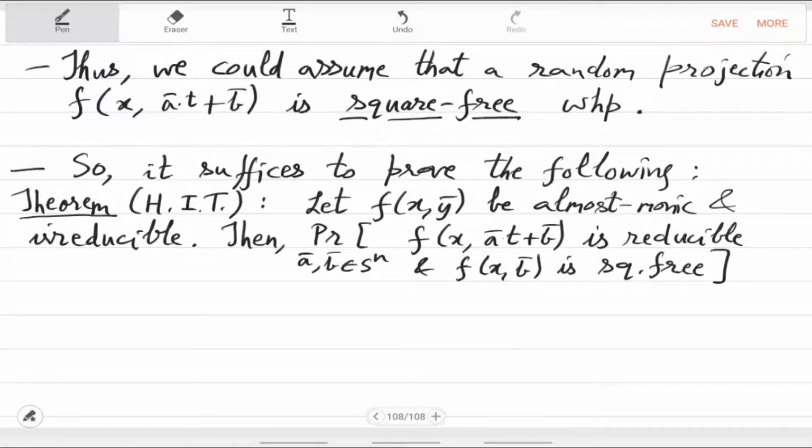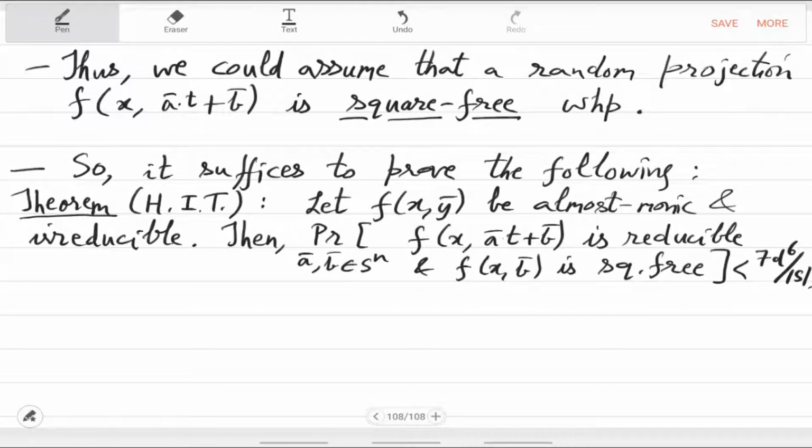Okay, the probability is lower than something like 7d^6 divided by the sample space size. So, if you take the sample space slightly bigger, let us say 7 times d^7, then this probability is quite low.